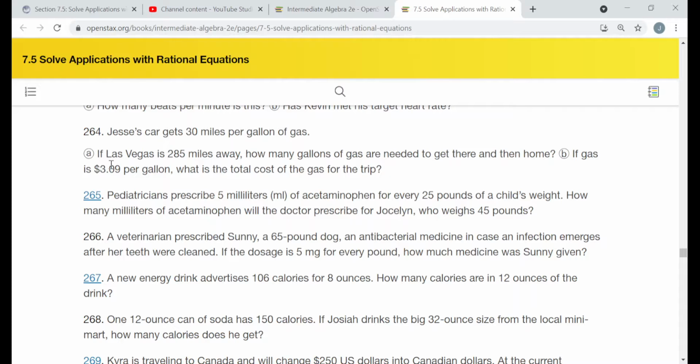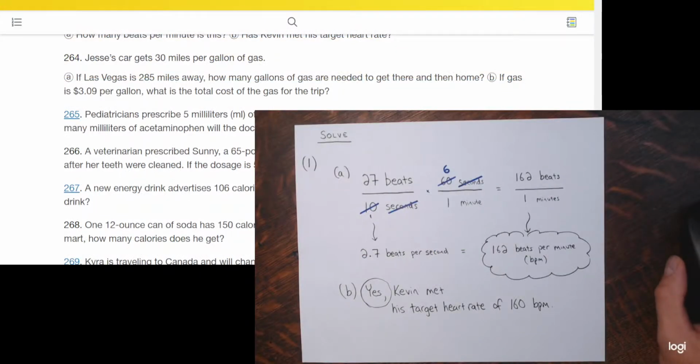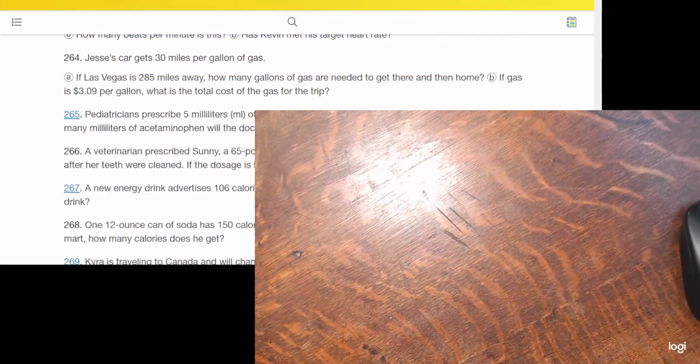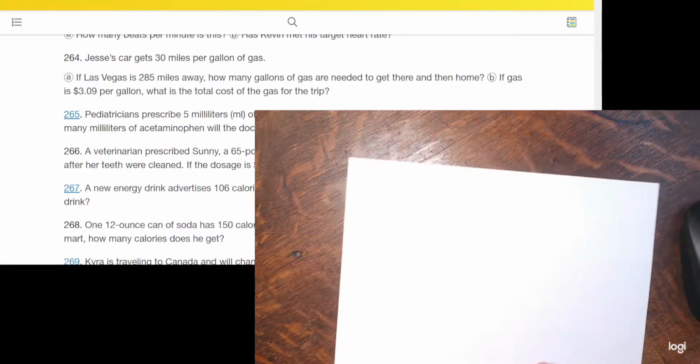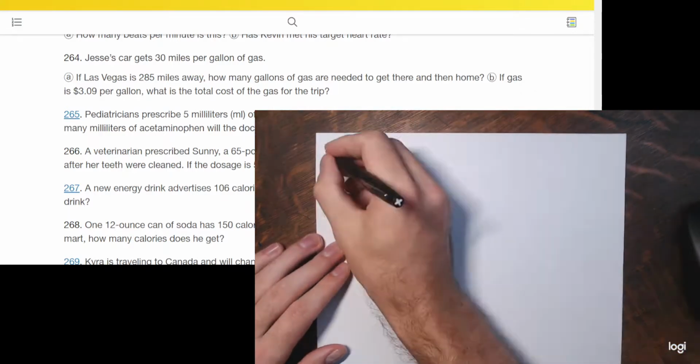A, if Las Vegas is 285 miles away, how many gallons of gas are needed to get there and then home? All right. So let me set up a proportion. So again, I'm going to pull this up so the paper and the problem are on the same screen here. So example 2.